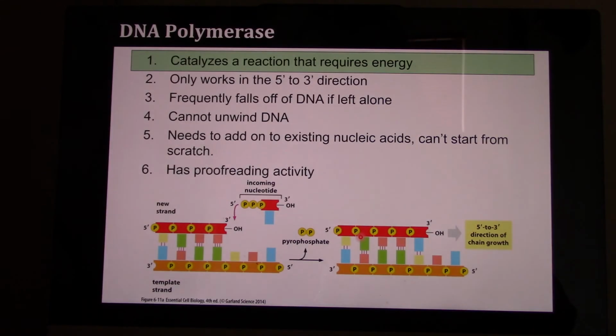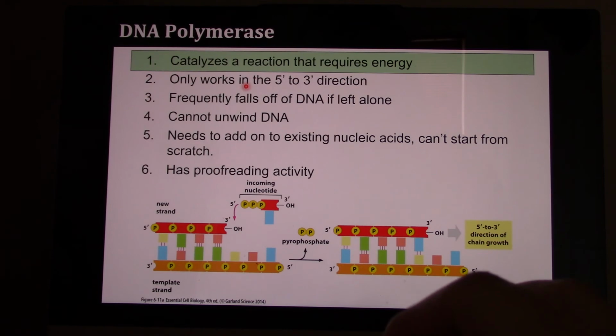So DNA polymerase is going to catalyze a reaction that requires energy. We have an incoming nucleotide. It has 3 phosphate groups attached to it, so it's a deoxynucleotide triphosphate. The DNA polymerase is going to recognize this 3' hydroxyl, and then it's going to add a new nucleotide on there.